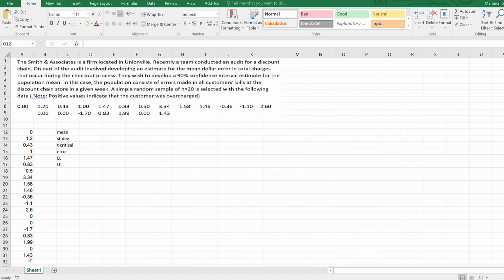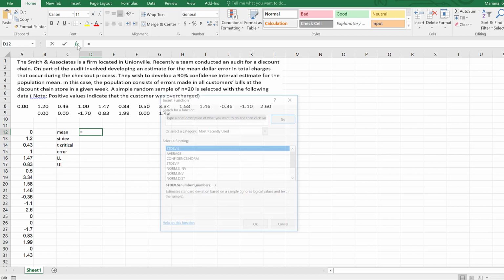Let's calculate first the mean in order to calculate the 90% confidence interval estimate for the mean. So I'll calculate the mean of this sample of 20 customers. I like to have the value of the mean in this cell, which is D12.